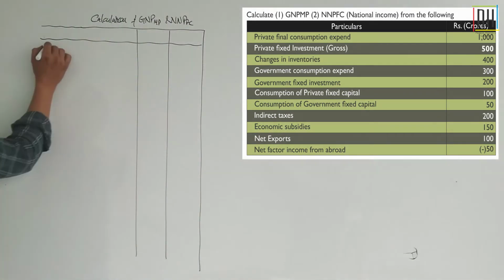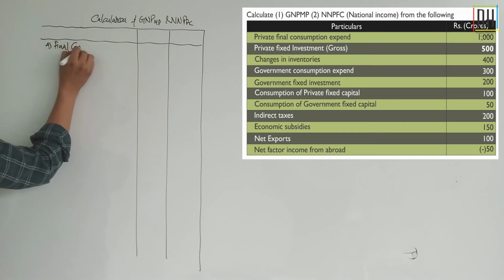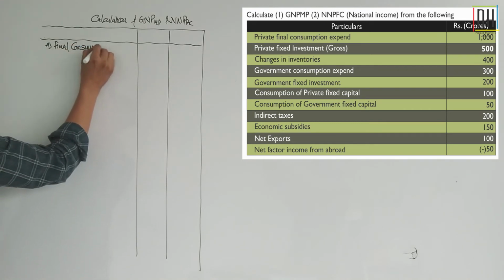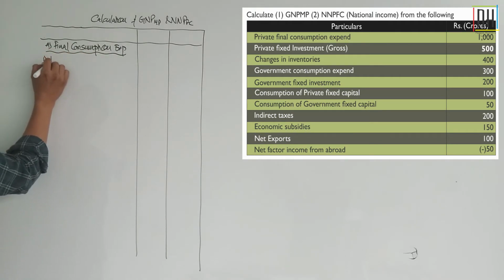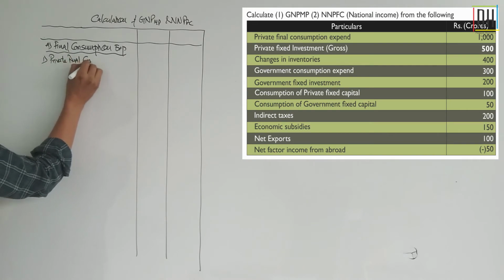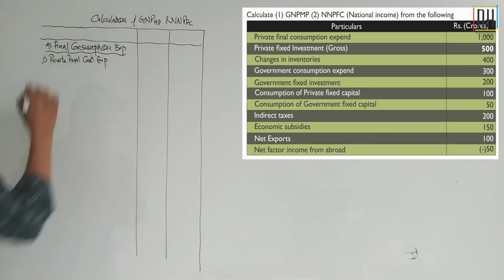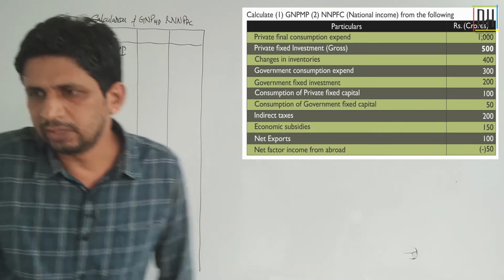Our first point, A, is final consumption expenditure. In this we have number 1, private final consumption expenditure, which is rupees 1000.